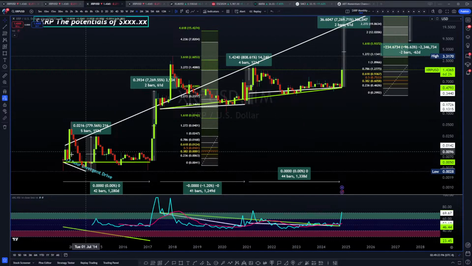Cyclically speaking, this is making new highs every 40 to 60 bars, and we are right there right now.